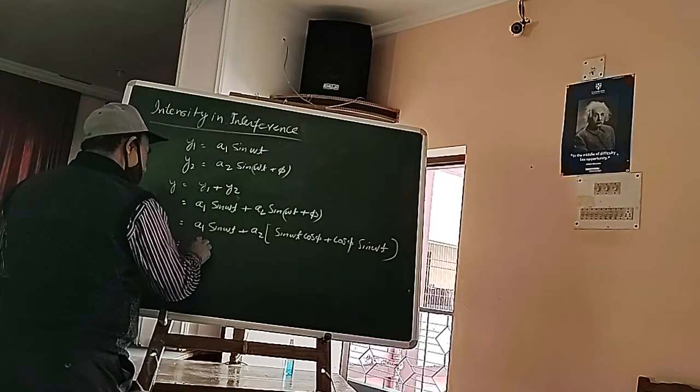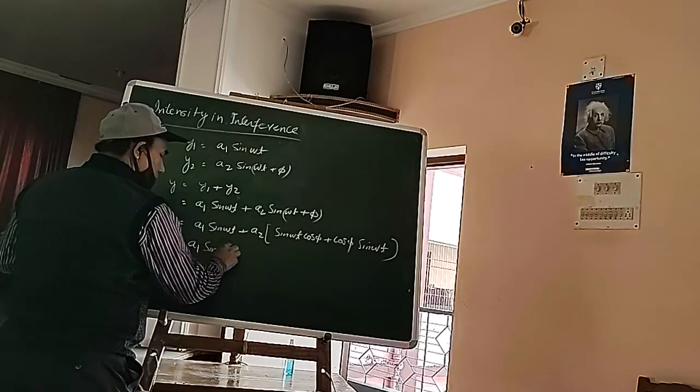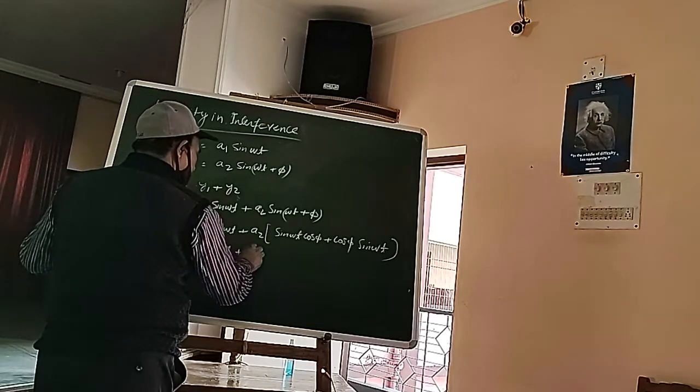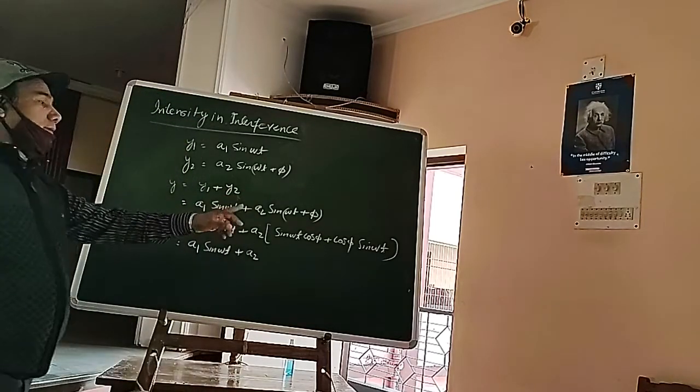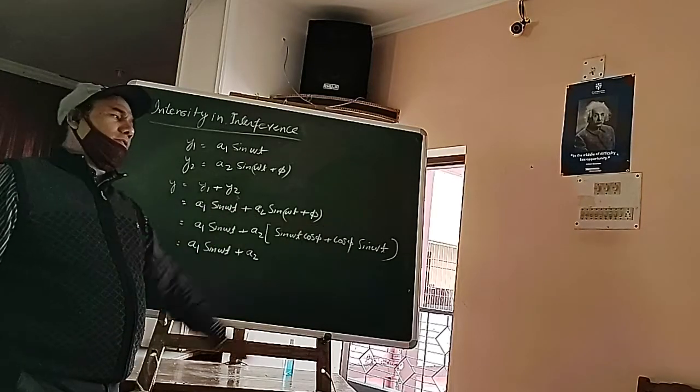This is equal to a1 sin omega t plus a2 sin (x plus y). The formula is sin x cos y plus cos x sin y.